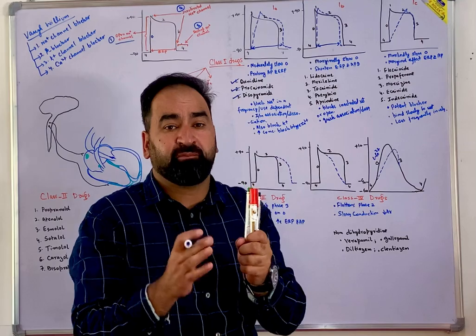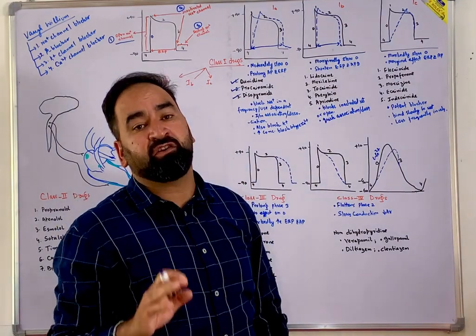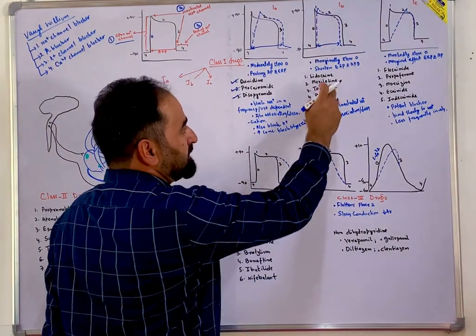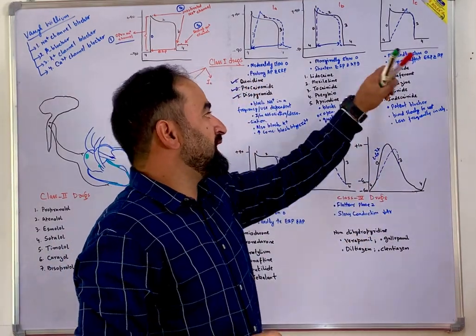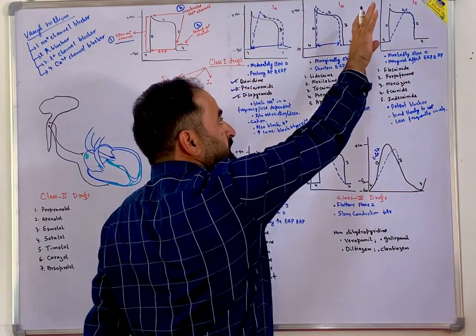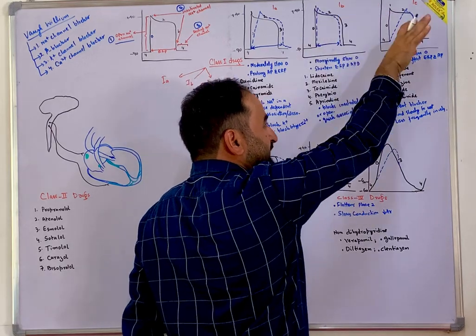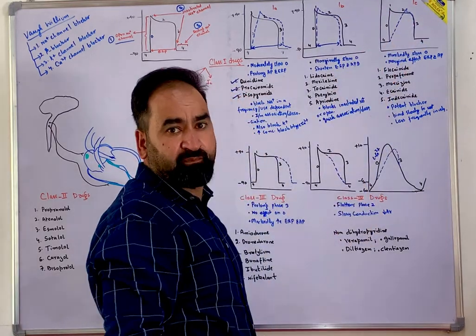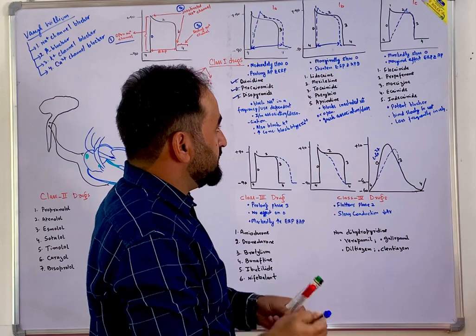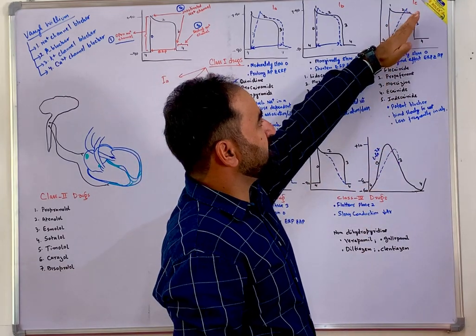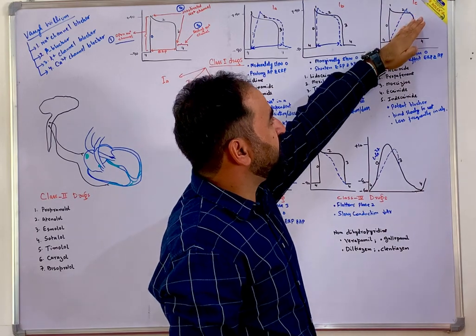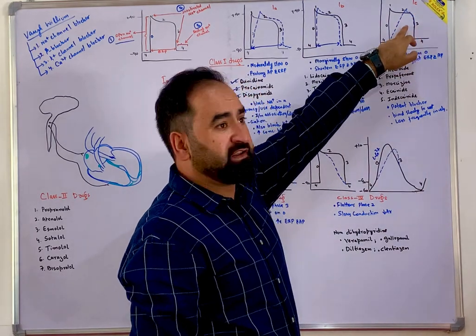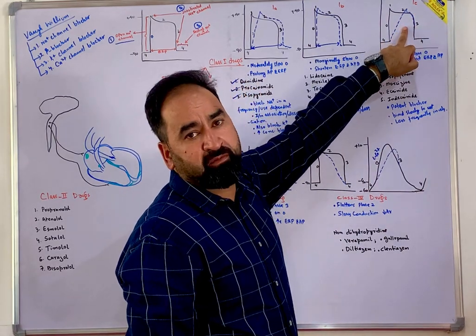When it shortens the ERP, that means your action potential duration also shortens. Now coming to the third, class 1C drugs. Class 1C drugs markedly slow the zero phase. See how much it decreases the slope of the zero phase, but it does not affect the effective refractory period.